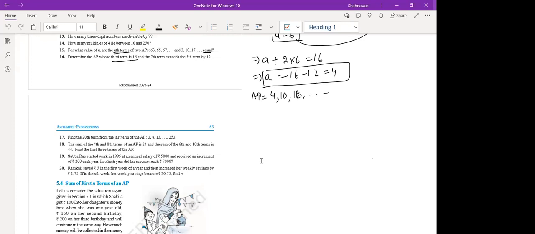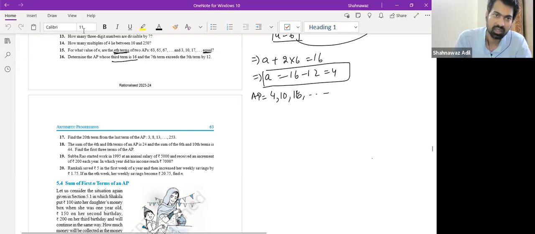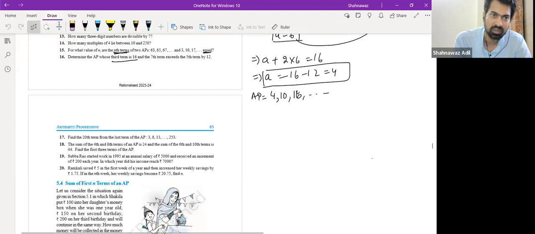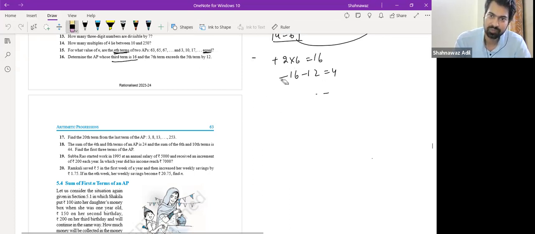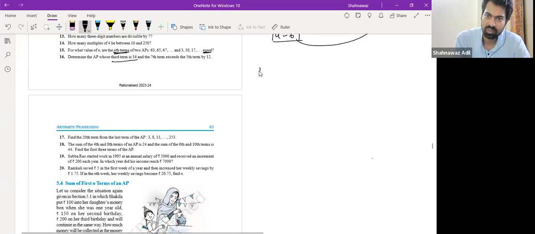Okay. Yeah, so we were doing this nth term of an AP, right? Just to revise that portion. Let's say we have an AP whose general form is A, and this is increased by the common difference, then 2D, and then 3D, and so on, right?